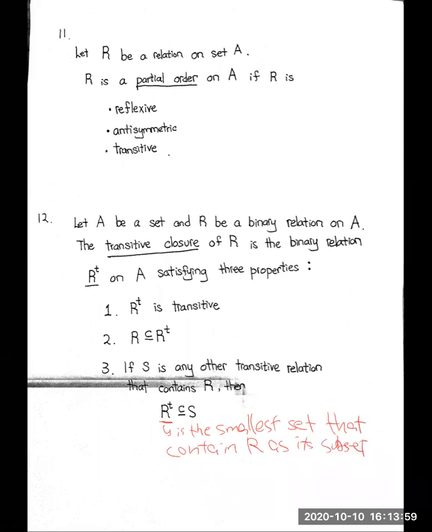This is because if you can find any other set S that contains R, this implies that RT must also be a subset of S. So this guarantees that RT is the smallest set that contains R.